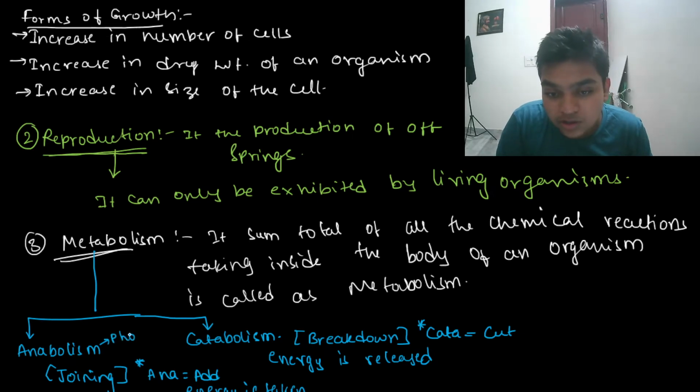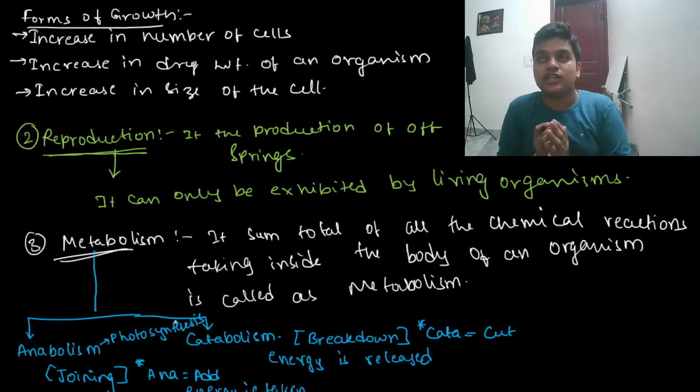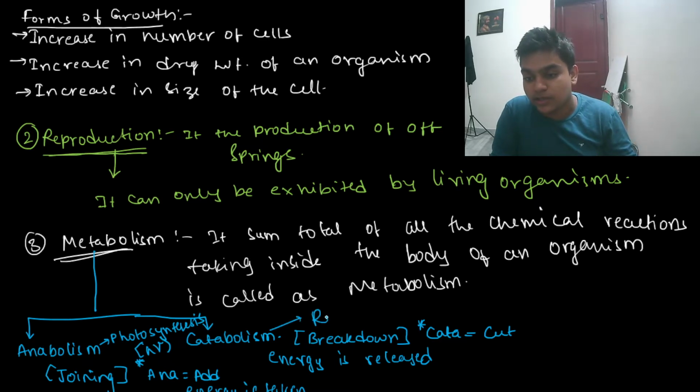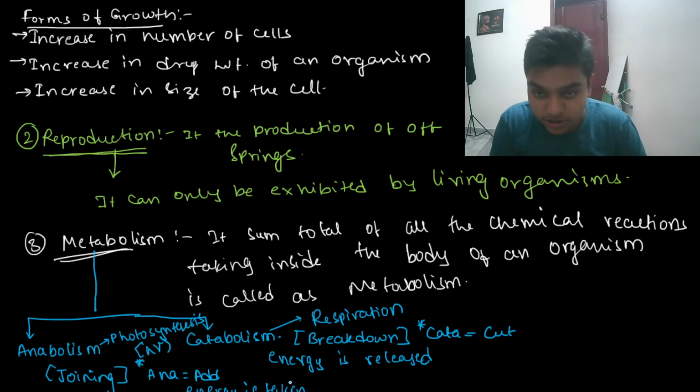Yes, photosynthesis. Six moles of carbon dioxide aggregate to form one mole of glucose. Photosynthesis requires energy in the form of sunlight, h nu. But a catabolism example is respiration: breakdown of food and producing energy, that is respiration.